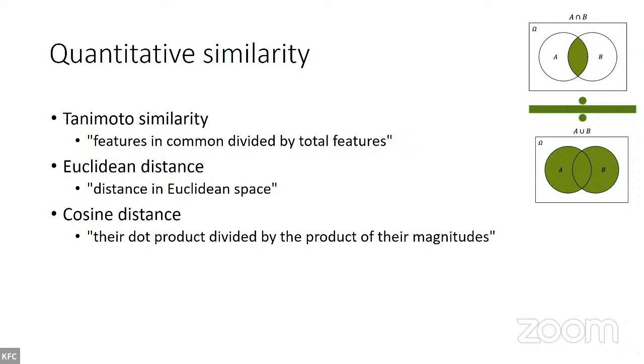Then we can still calculate the Tanimoto similarity, but it's a little bit more difficult to imagine. What's a bit easier to imagine is to use typical distance metrics. The most common one would be just the Euclidean distance. So we can imagine them as points in Euclidean space of dimension equal to the number of features you have, and you just calculate the Euclidean distance between those coordinates.